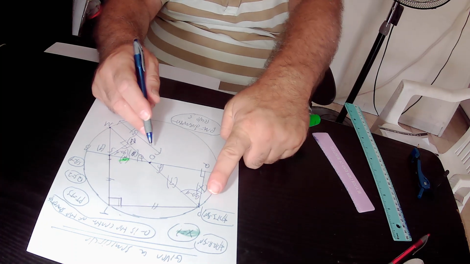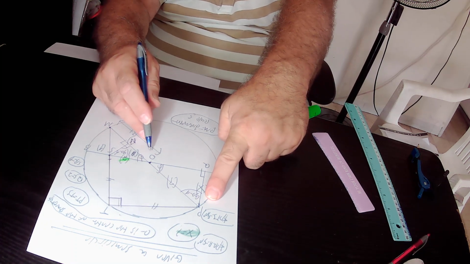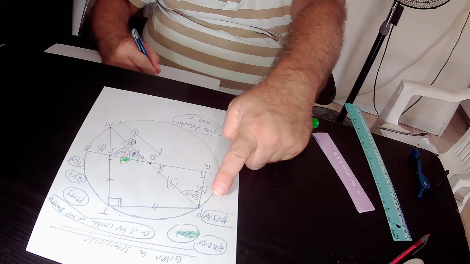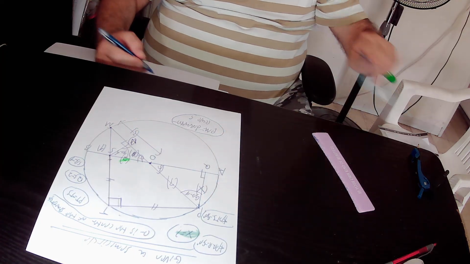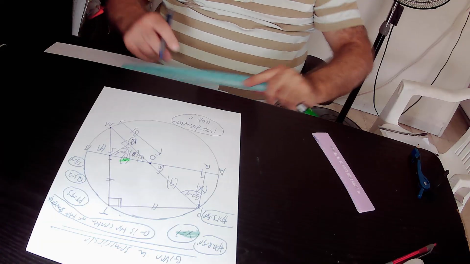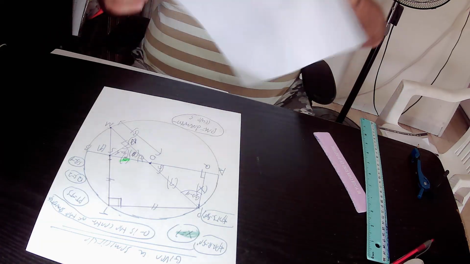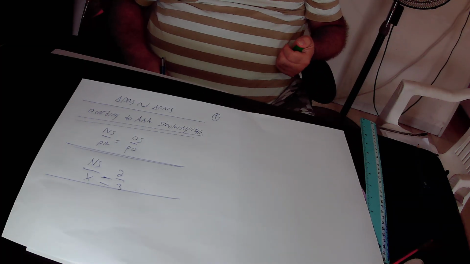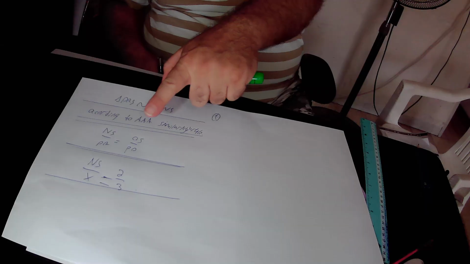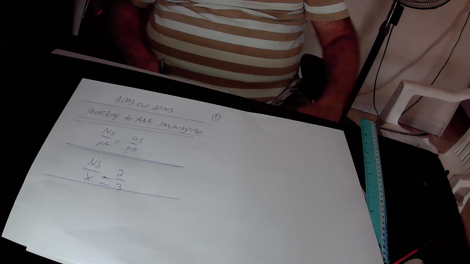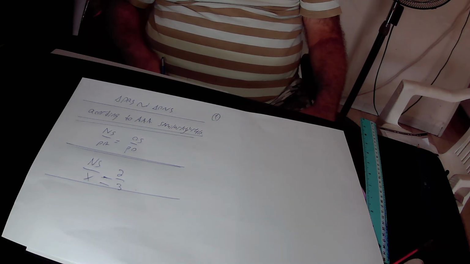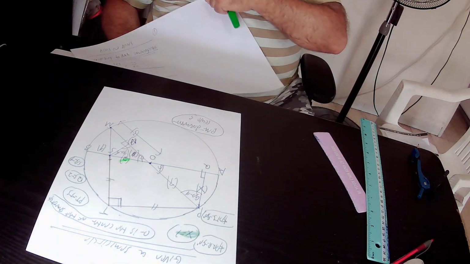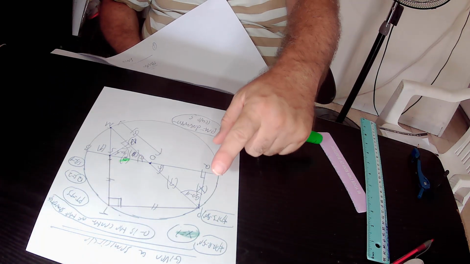Over PO. We have already found out that PO is the radius of this circle, which is equal to 4 units in length. So in total, we have found out that NS over x equals 2/3. Here we multiply this equation by x. x definitely cannot be equal to 0 because x is a length.